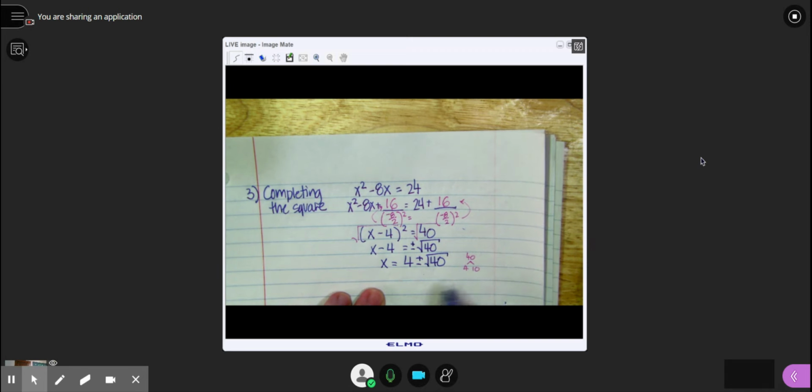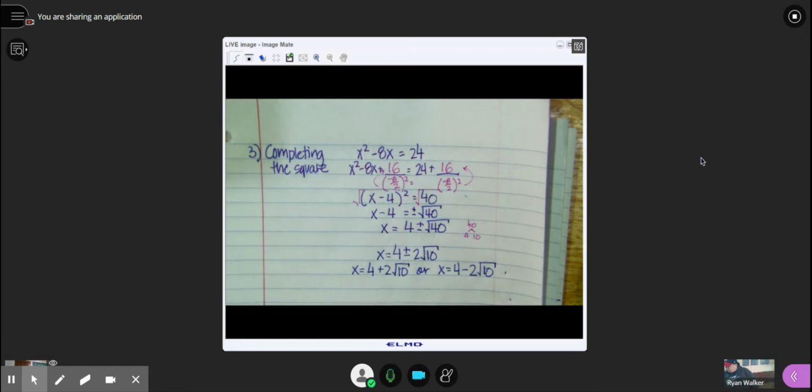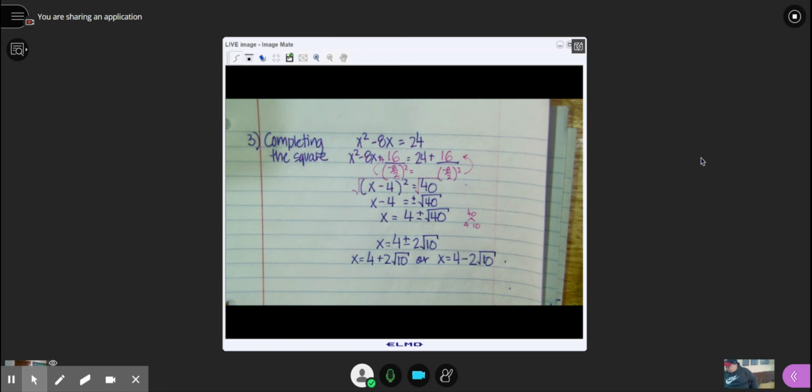I can take the square root of 4. So there's my completing the square method.